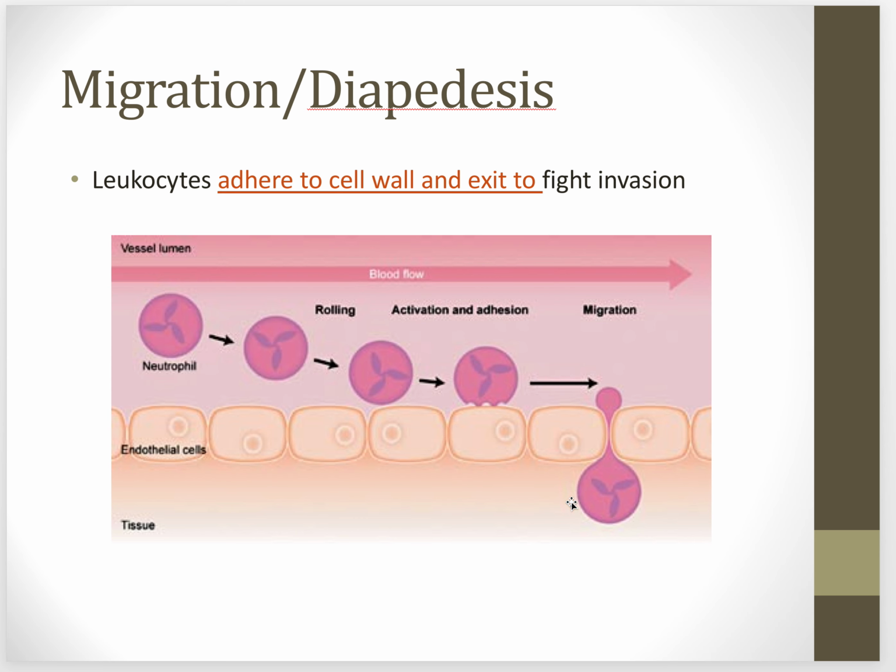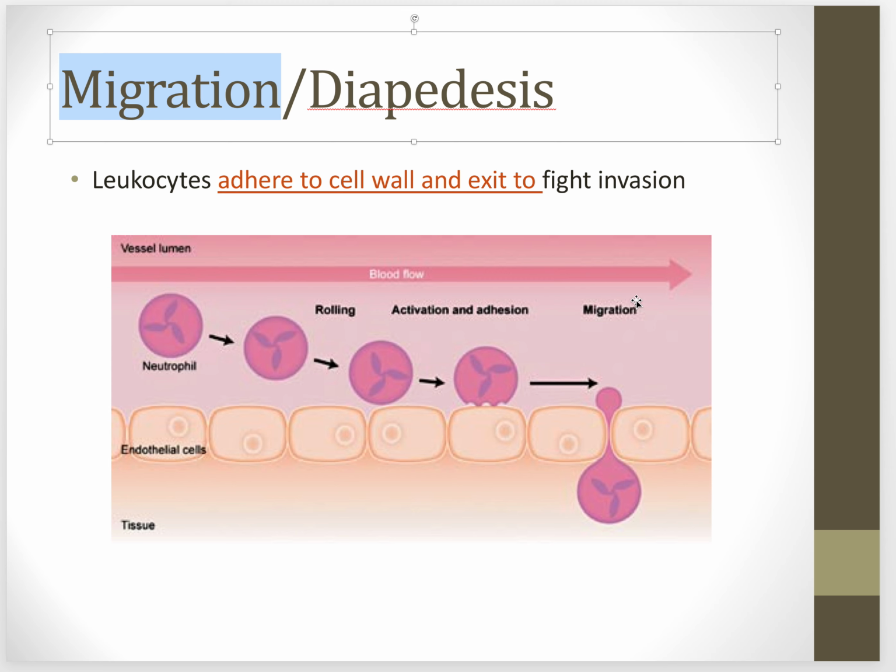They can squish through like little gross slugs so they can get to that area of injury. So after tethering and rolling, the cells leave, and we call that migration. They migrate, and you can see that in this picture. An older term for that is still used on boards, so I want you to know it, is diapedesis.